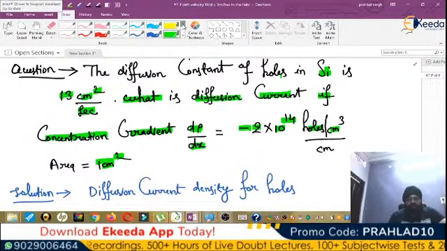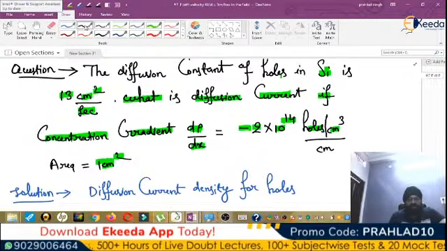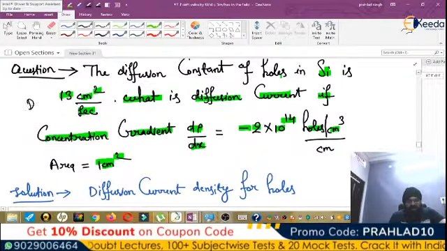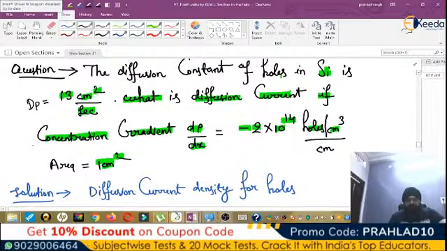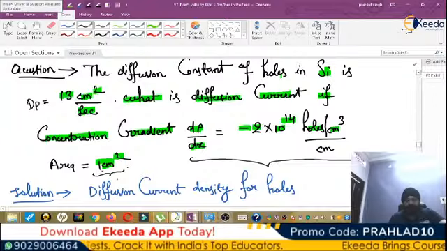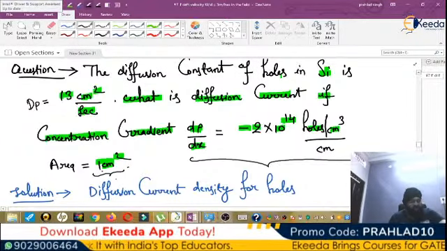So here, this value is the diffusion constant for holes, Dp, right? And dp over dx is given here, and area is given, 1 centimeter square.